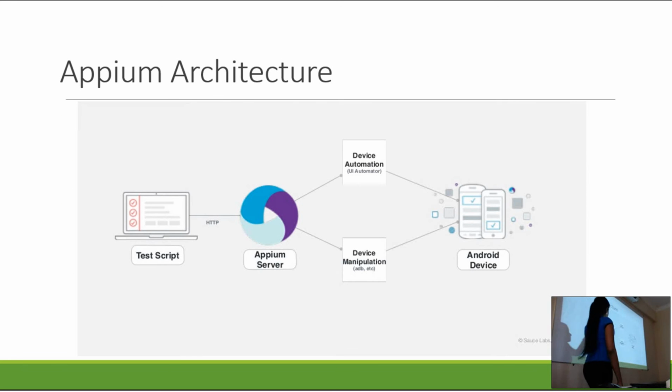So if you can see, the communication is over HTTP. This guy will tell what he wants to do, and this guy will get it done using these tools on your Android device. Just a reminder that I will not be talking about the iOS automation here, but there is a component for that. I haven't really studied it, but anybody who's interested can go and study about it. Appium supports that as well.